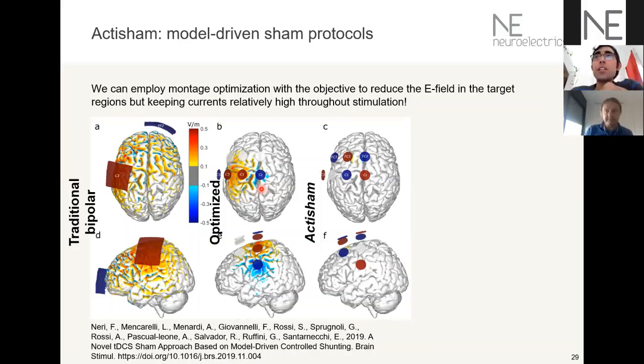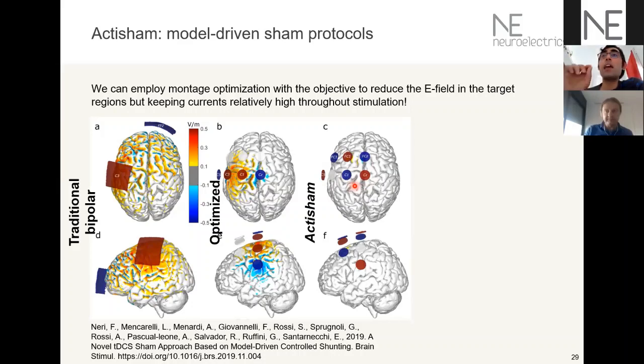Now in the Actisham approach, we use the same target area, but instead of asking that the electric field be excitatory here, we asked that the electric field be very small here, almost 0. But at the same time, to prevent the optimizer from simply saying, okay, if you want a 0 electric field, I'll just set the currents in all the electrodes to 0, we demanded that the currents in the electrodes be of at least 1 milliamp, for instance.